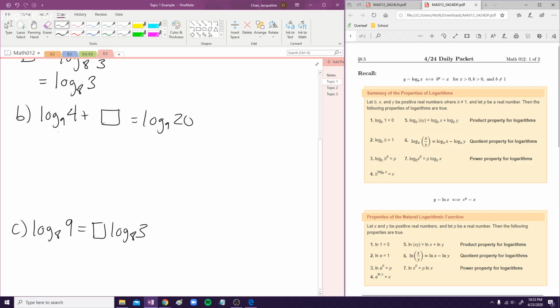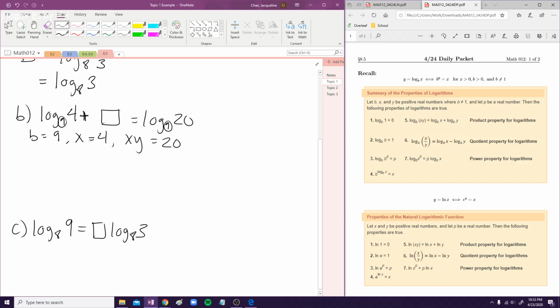First of all, we have to check the bases. The base here is 9. There's a 9 here. There's a 9 here. So we are allowed to split them, all right? Since it's adding, we're going to do some multiplying. So over here, we know x is equal to 4, and we also know x times y is equal to 20.